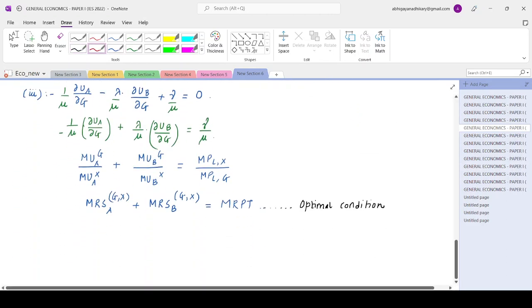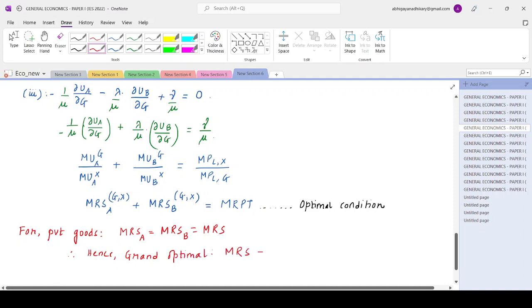Comparing with private goods, the MRS of both agents are equal at the optimum, and hence we get the optimum as MRS equals MRPT.